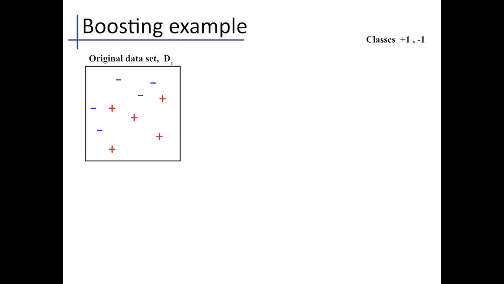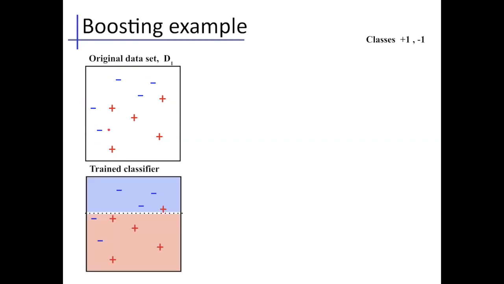To see what I mean, let's look at these examples here. Suppose initially all the training samples are equally weighted. They have equal weight because right now I do not have any model yet. So starting with these equally weighted examples, I'm going to build a classifier.